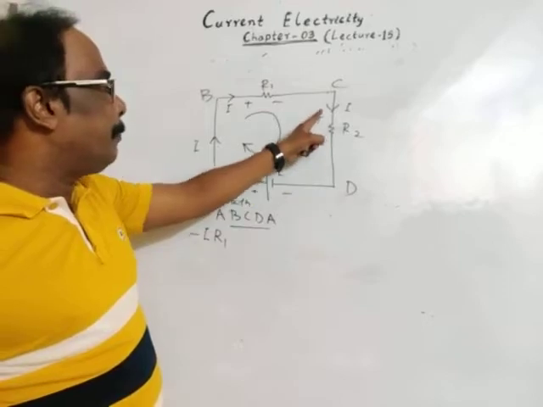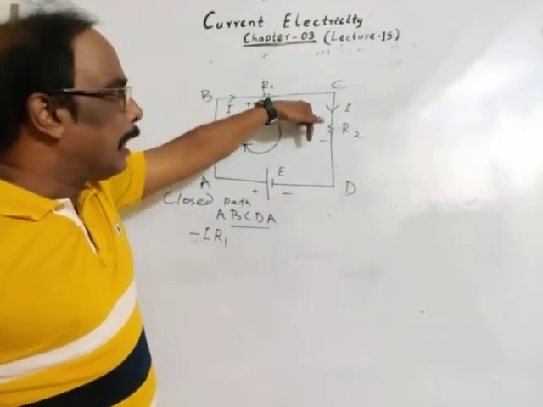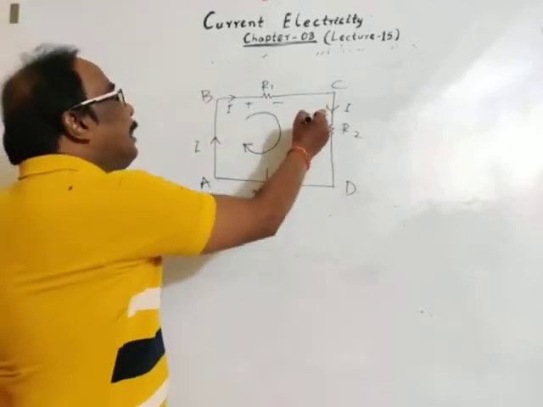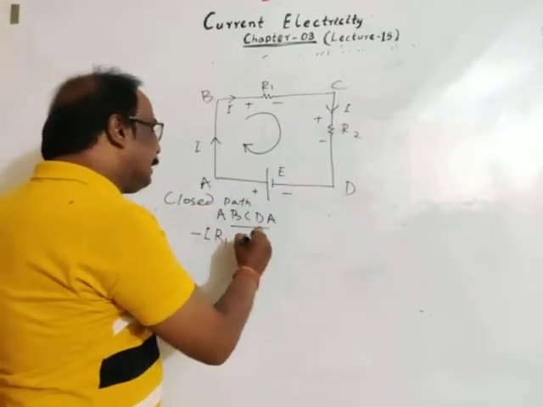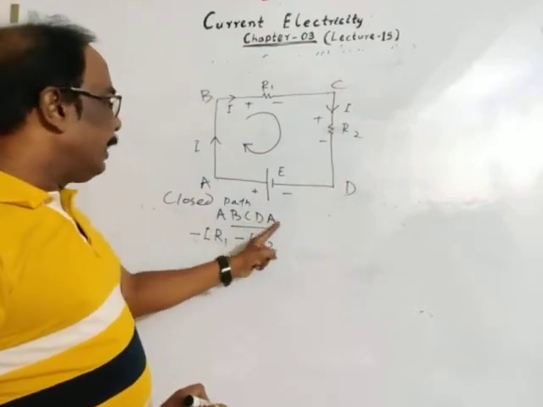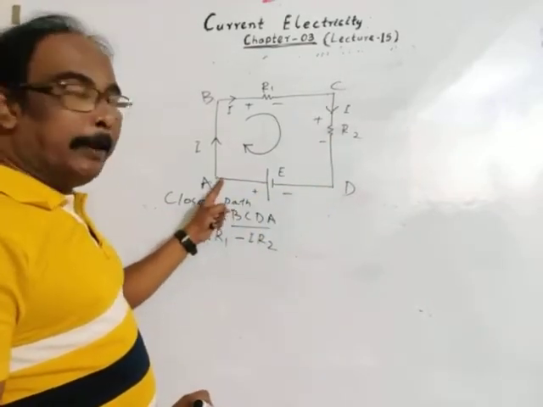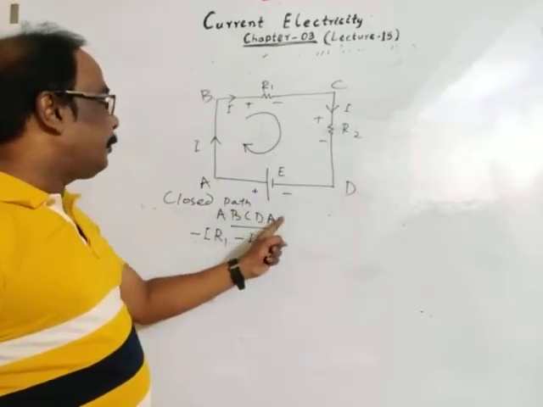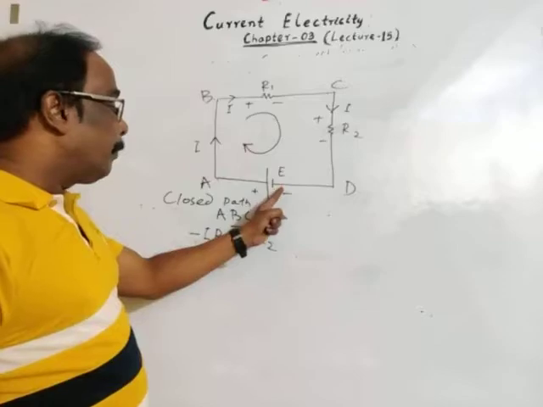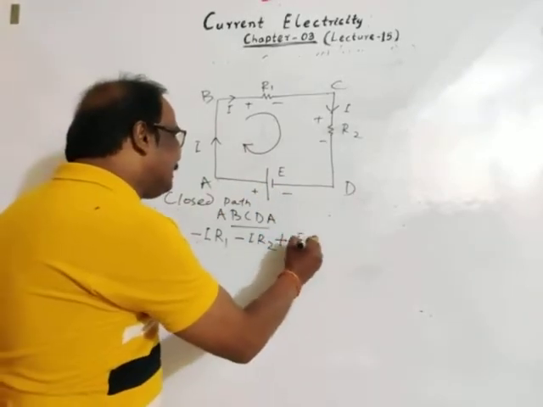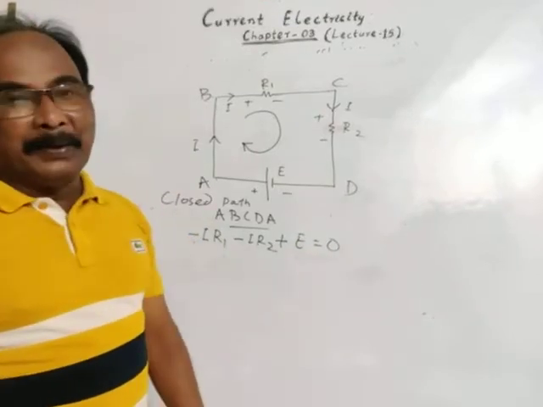Current flows from high potential to low potential, and our path is also along the flow of current, so again negative IR from C to D. Then from D to A, we are traveling from low potential to high potential, so plus E is equal to 0.